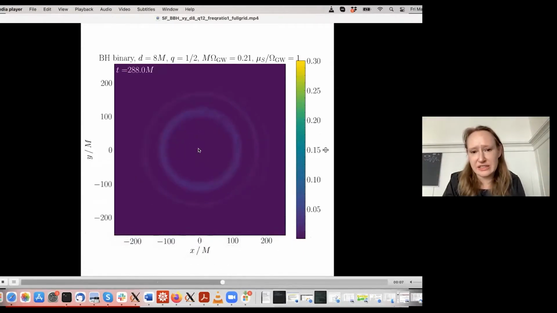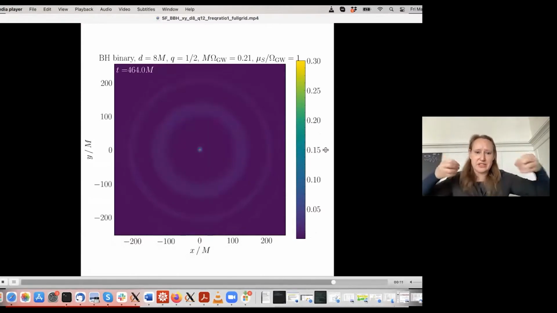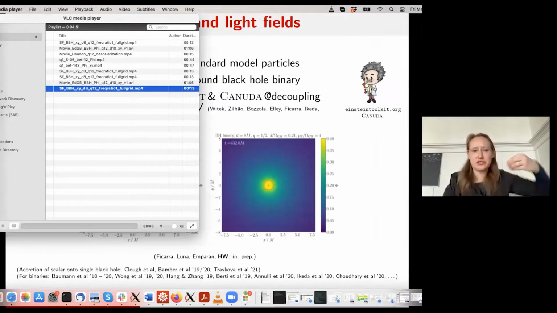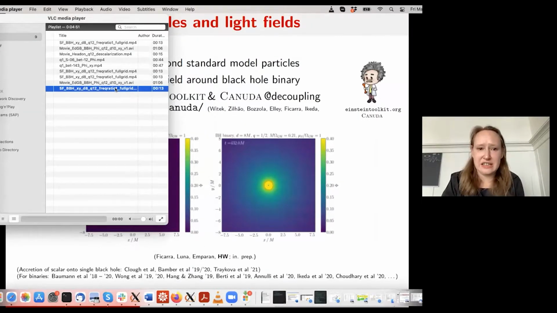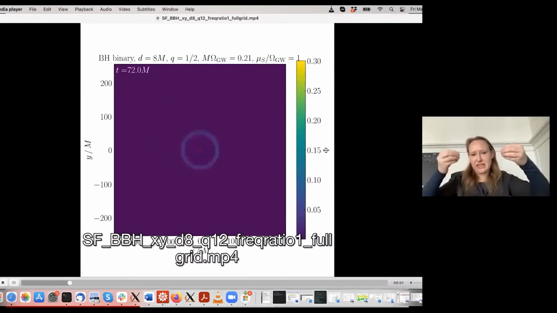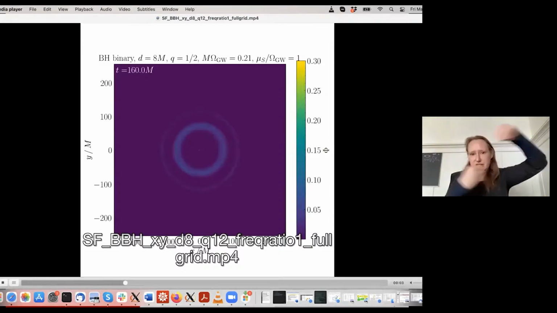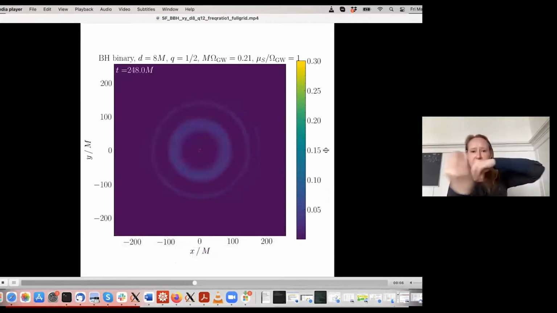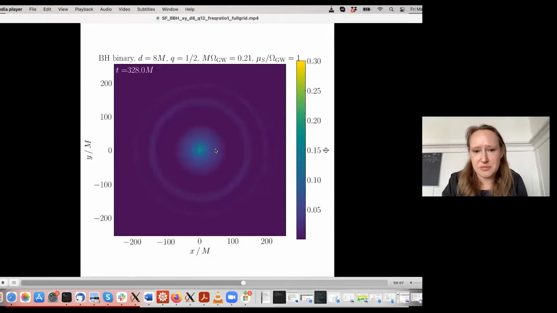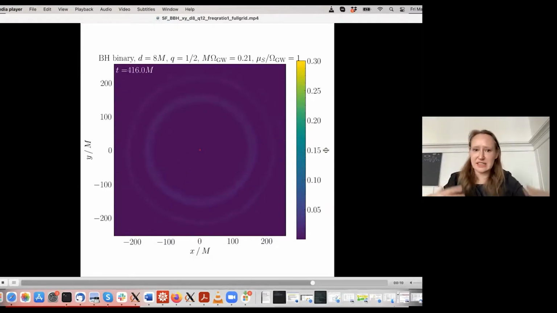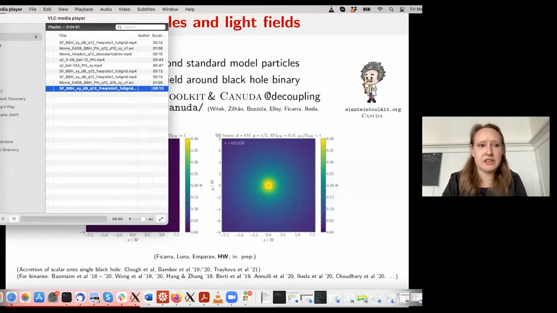You see that around each of these black holes, indicated by the red dots, the scalar field is accreted. So you can think of this as having two scalar charges orbiting around each other, and you see that they start producing scalar radiation, scalar dipole radiation.